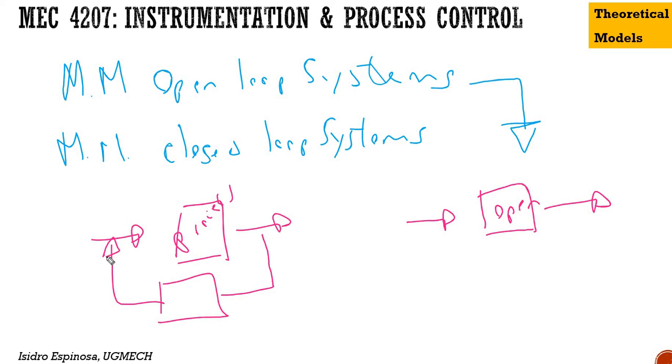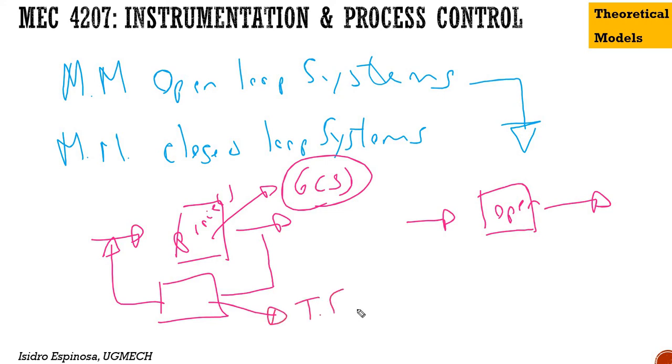So here we have the transfer function of the system, and later here we have the transfer function for the measurement device, which can be the sensor that is giving the feedback to what we call the set point, that can add or subtract signals in order to compensate, right?